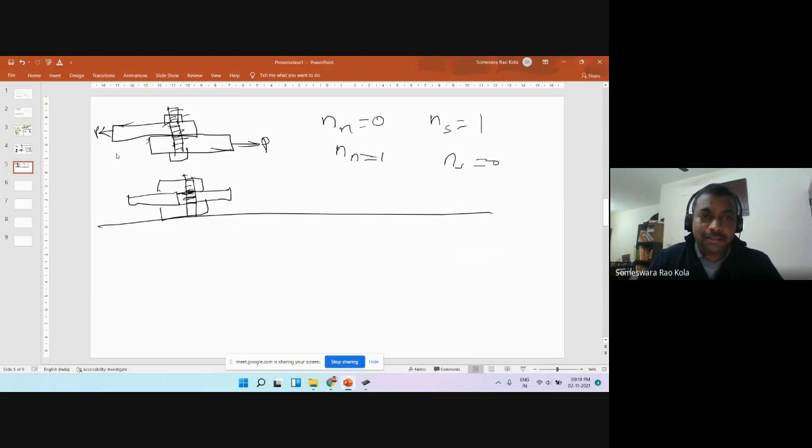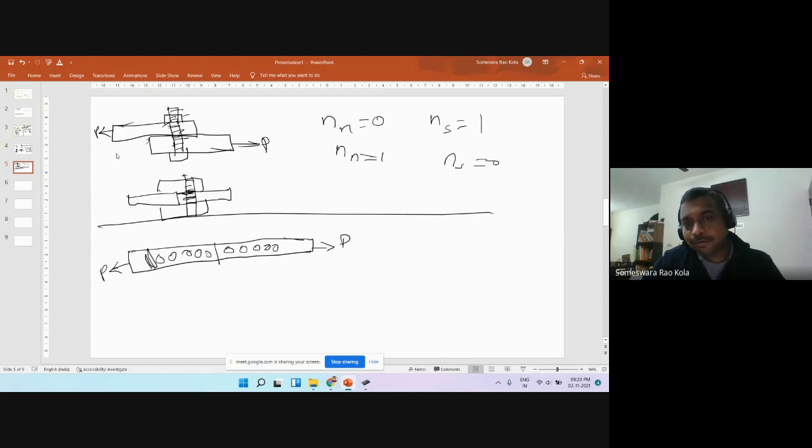Say when you have a long joint. For some reason the member is connected like this. Maybe the force acting on it is large, but the width available is small, so they have placed the bolts in this fashion, and the length of the joint is long.